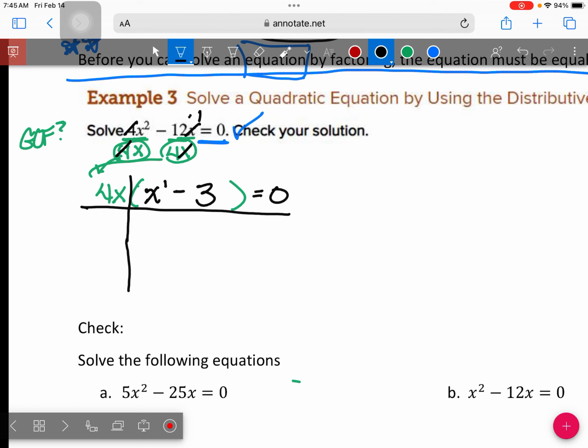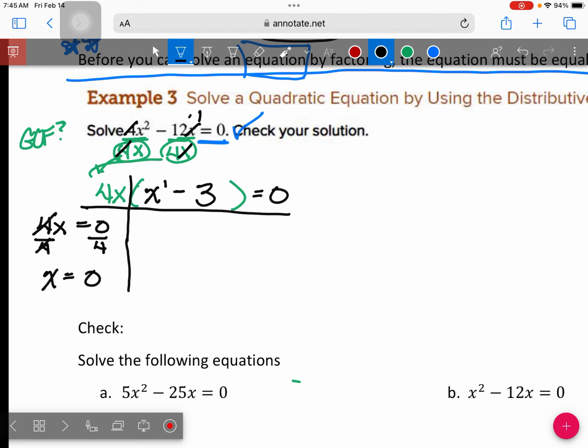So we set the first factor, 4x, equal to 0. We're going to see what does x have to be if that first factor is 0. I'm solving for x, so I divide by 4. Divide by 4. 4's cancel out. X is equal to 0.